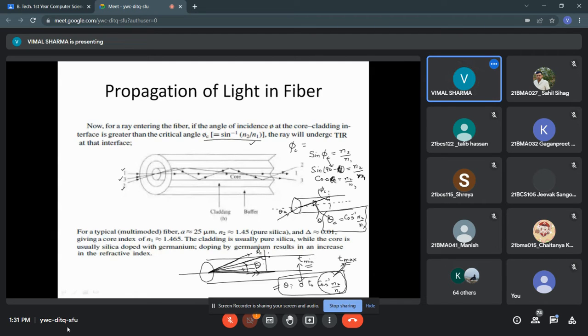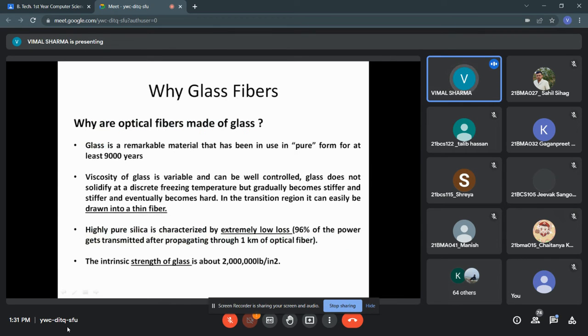Now, why do we have core and cladding, or why do we choose glass material to make optical fiber? These are some important properties of glass. It has been in use for so many years, and it exists in pure form, that is important.